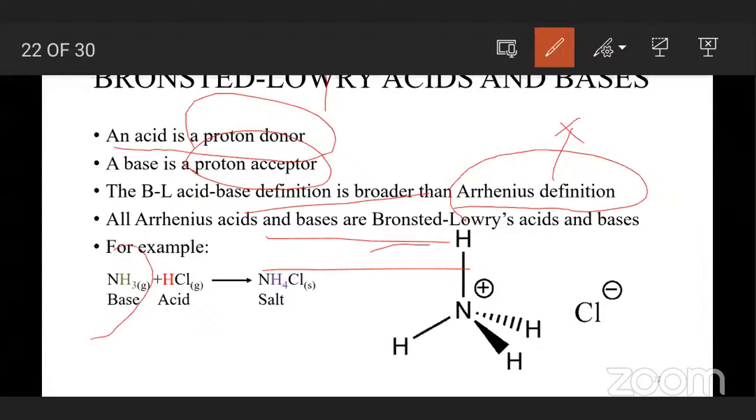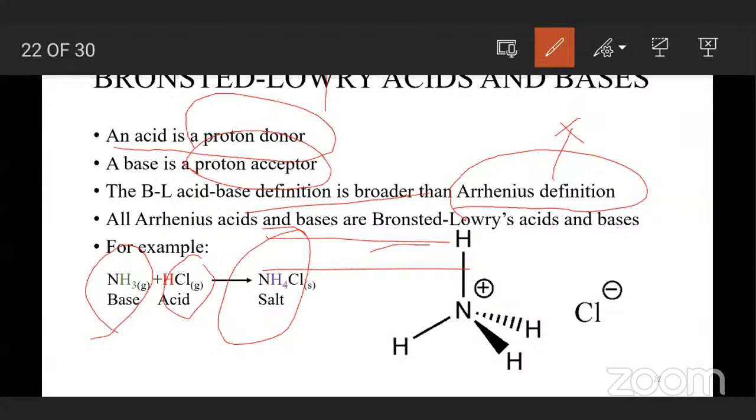For instance, if you have NH3 solution, that's typically an Arrhenius base, but you can have ammonia gas. What if you have ammonia gas reacting with hydrogen chloride gas? It still forms a salt.